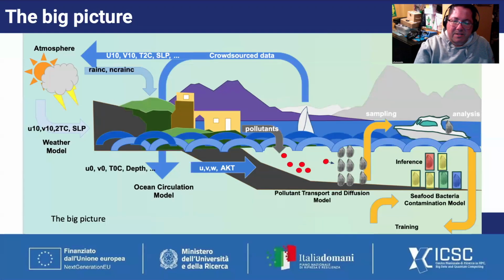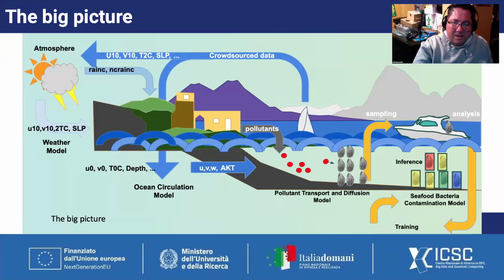The particles are treated as a pollutant, and then finally we use an AI model that predicts the bacteria contamination, trained on the actual measurements performed by the local health organization.